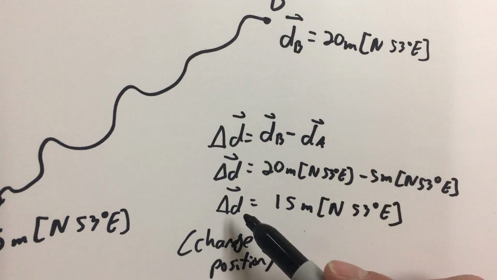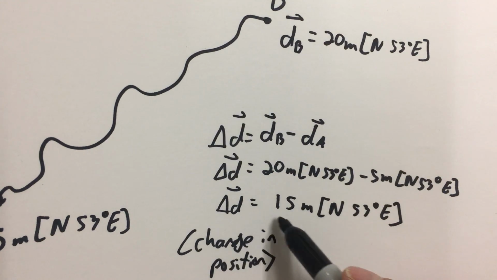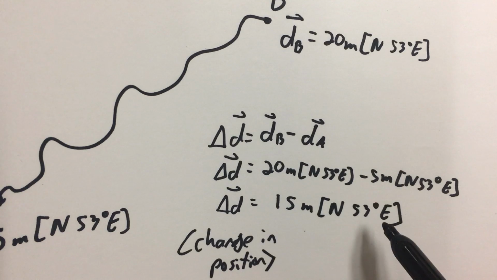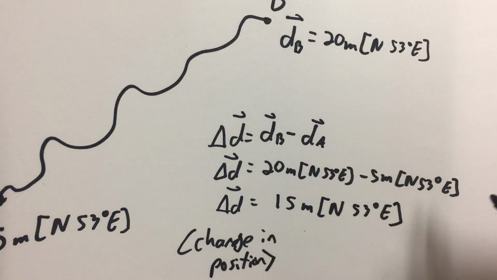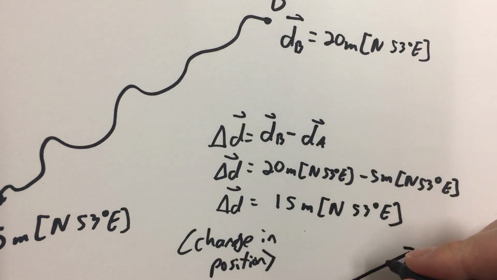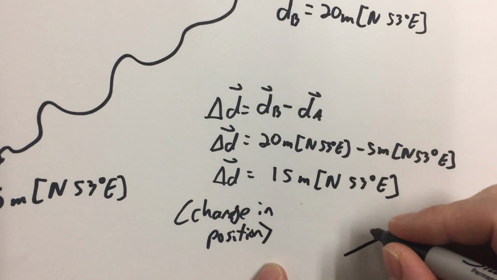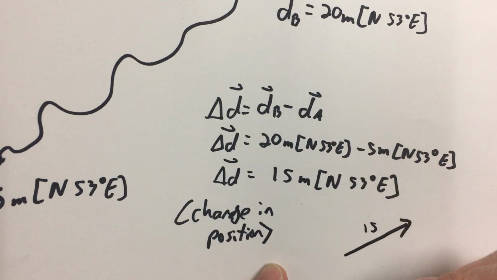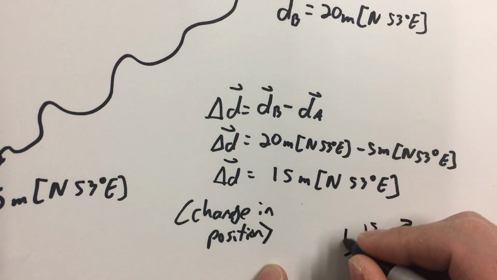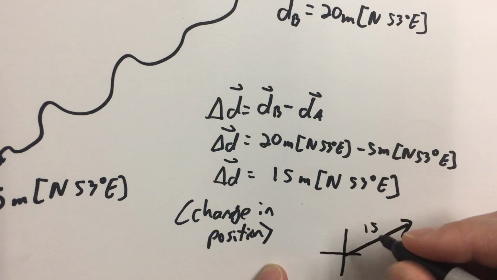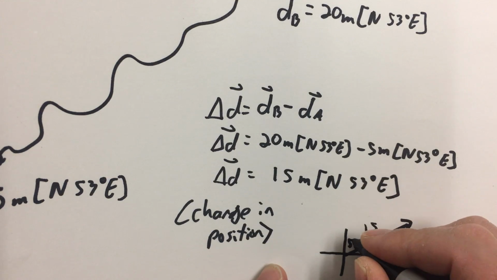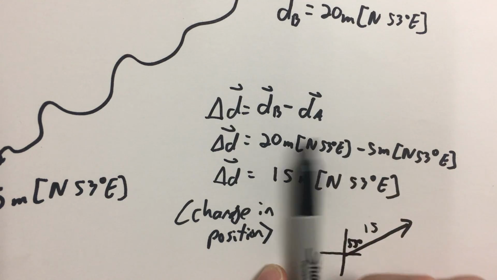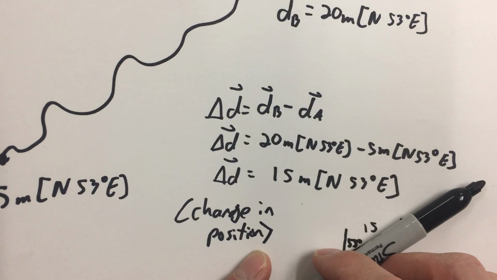It's a vector, meaning you must specify not only its magnitude, but also its direction. This vector can be drawn as an arrow. It's going to look like this. That arrow has a length of 15, and it has a direction that is 53 degrees towards the east if you start at north.